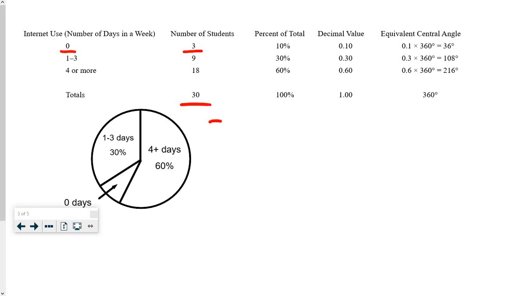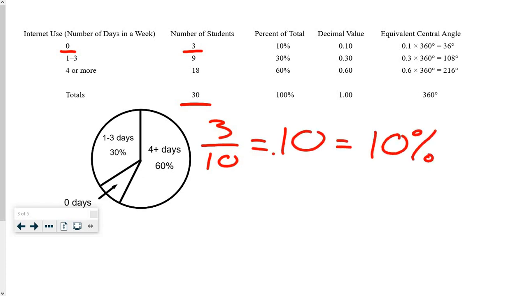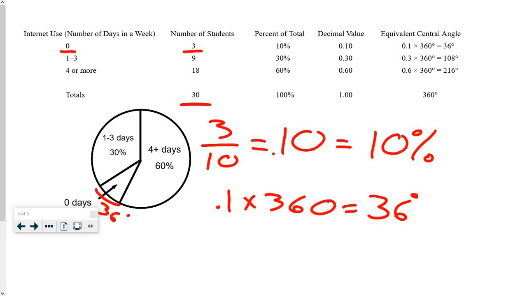So 3 divided by 30 equals 10%, or 0.1. So we go 0.1 times 360 equals 36 degrees. So we know that this right here will be 36 degrees, because that's 10% of a circle.